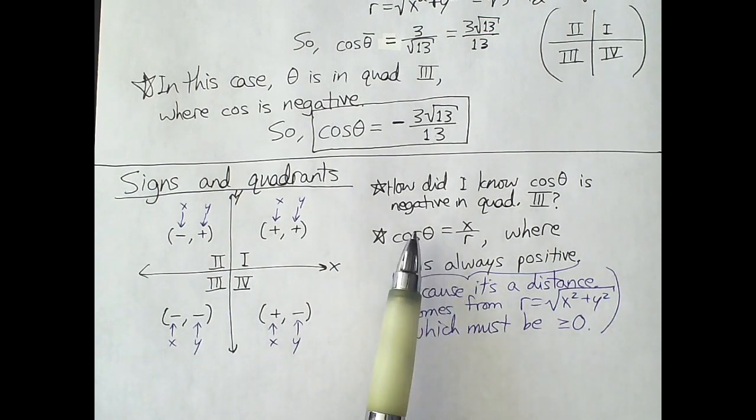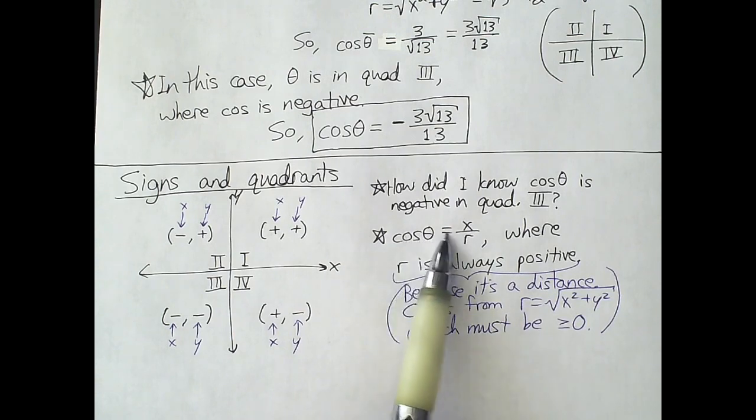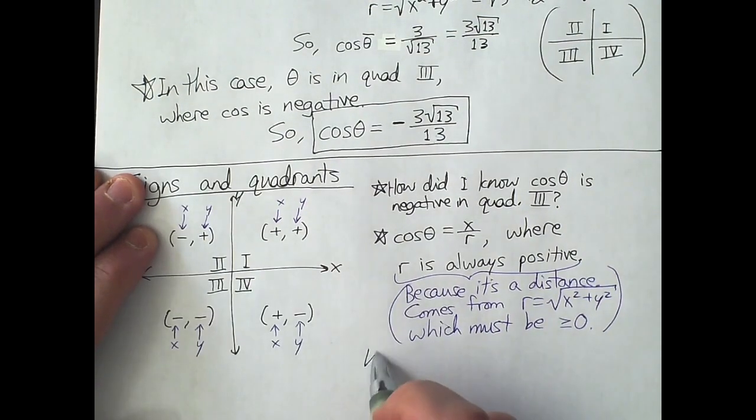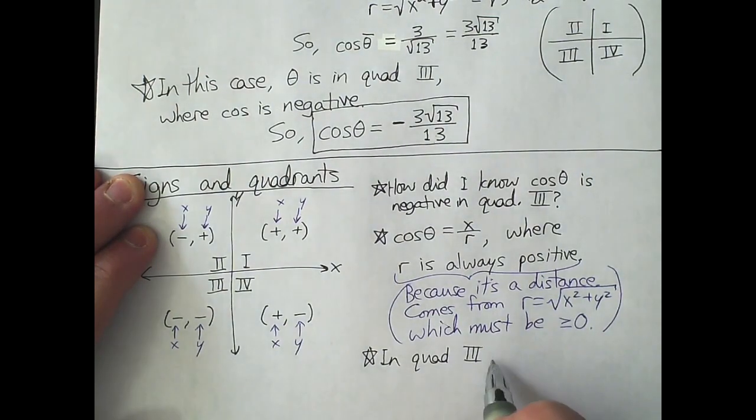All right, so in this little formula, cosine theta equals x over r, where r is always positive, it means that the sign is going to be determined by the numerator x. If the bottom's always positive, then x determines the sign. And I'll just say that in quadrant 3, x is negative.